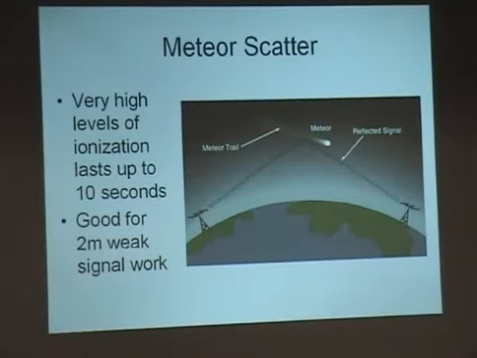This one's really fun, aurora scatter. But the problem is, I'm from the Midwest, where the North Magnetic Pole is near Hudson Bay. So in Wisconsin, I was much, much closer to the North Magnetic Pole than I am here. I've only seen auroras once here. But you can still bounce your signal off of these. And this is good for 6 meters, 2 meters, and 70 centimeters.